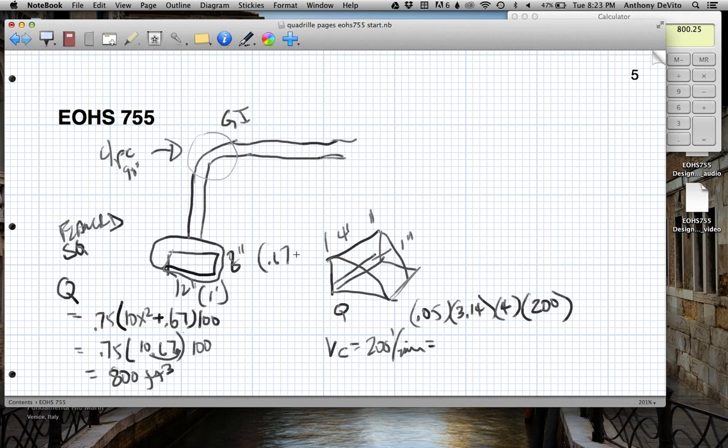Now in this particular hood, they make a note that the slot velocity, the face velocity at the slot, is going to be somewhere between 1,500 and 2,000 feet per minute. And let's see, VC.